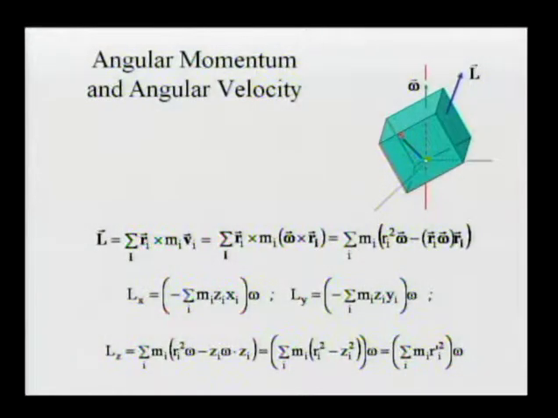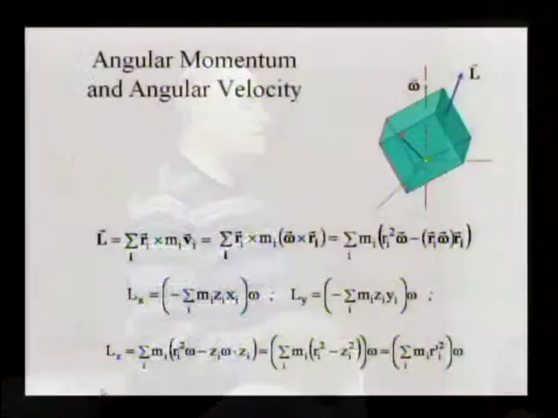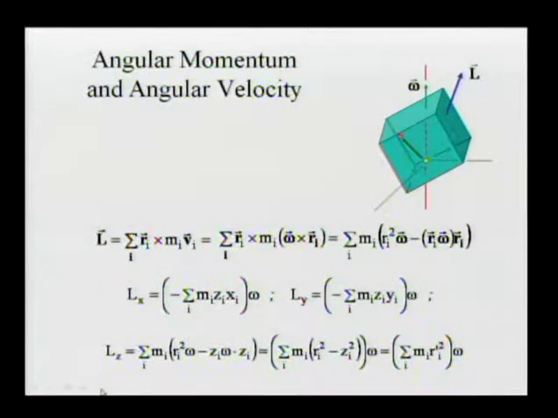For what kind of objects are angular velocity and angular momentum in the same direction? If they were in the same direction, what should be the components of angular momentum? If we can say something about two of those components, then we will know that they are in the same direction.